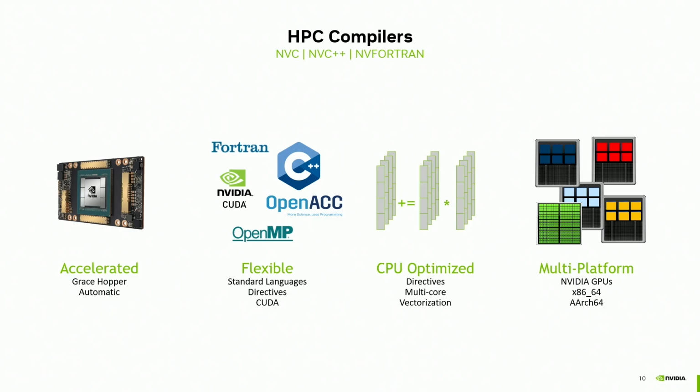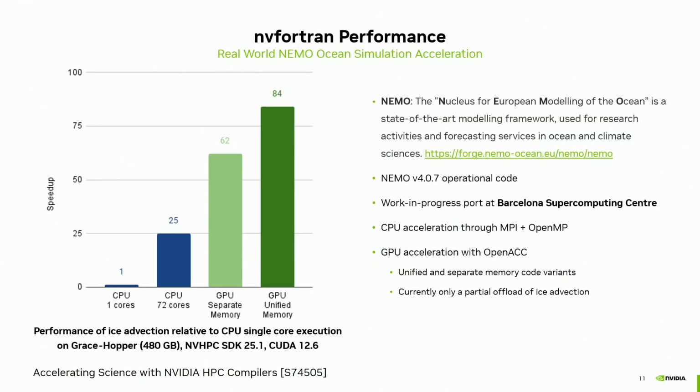Besides GPUs, these HPC compilers are also optimized for CPU compilers. And all of this performance and optimization effort is applied across many of our platforms, targeting multiple generations of NVIDIA GPUs and both ARM and x86-64 CPUs.